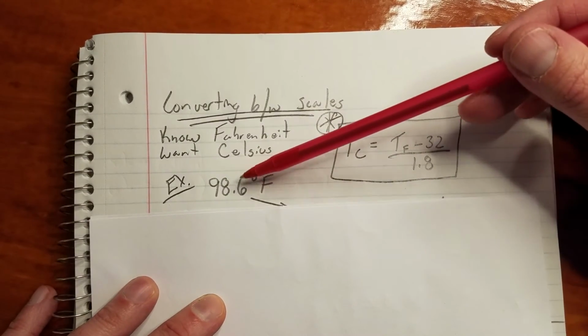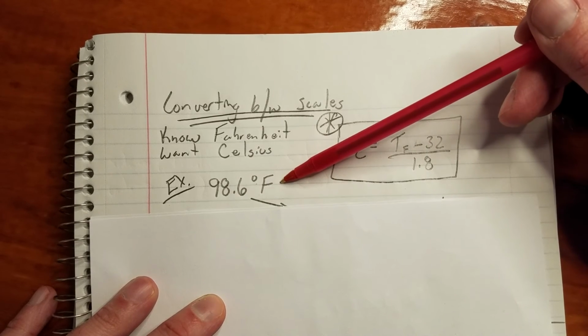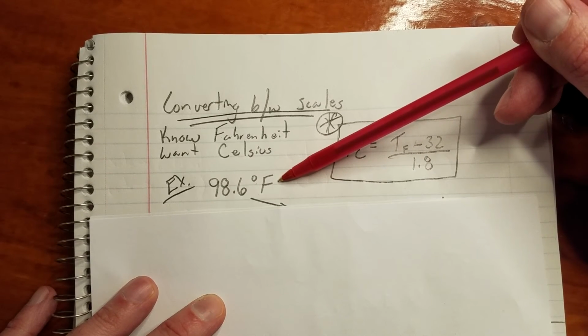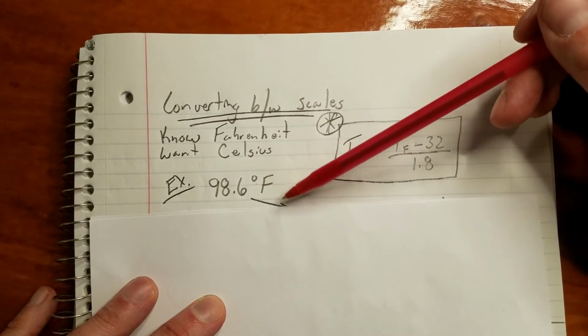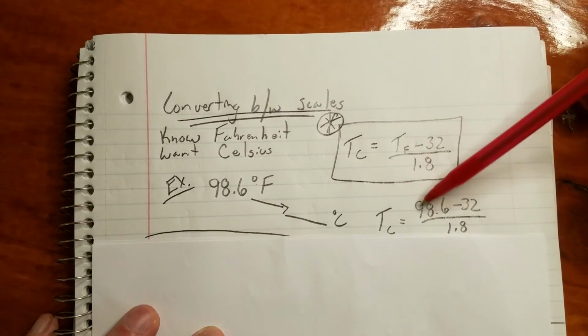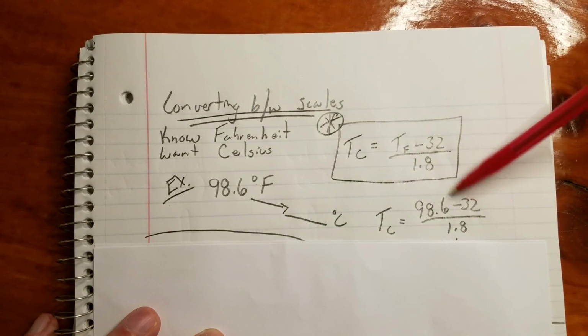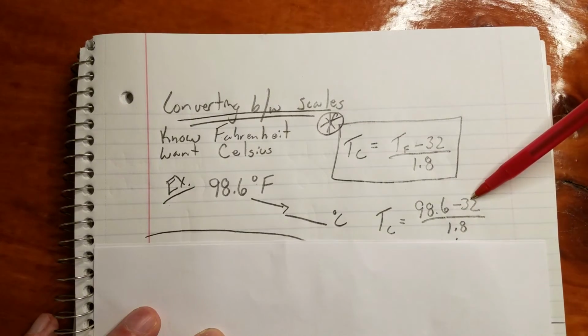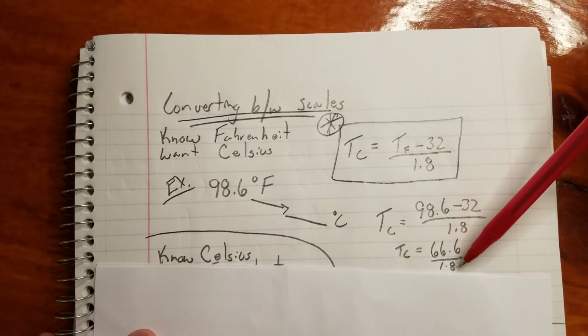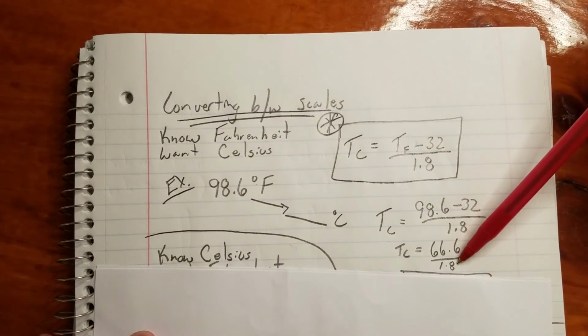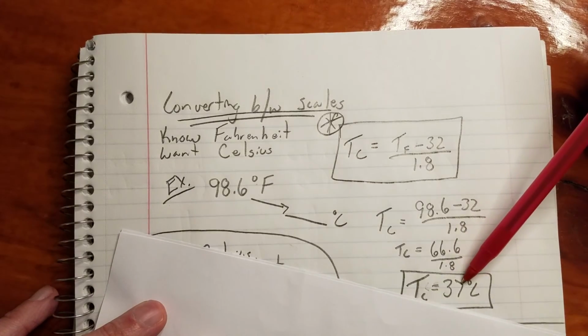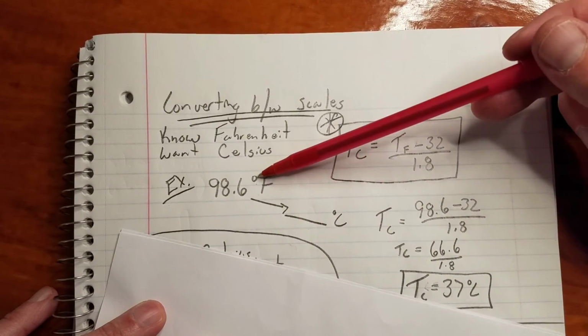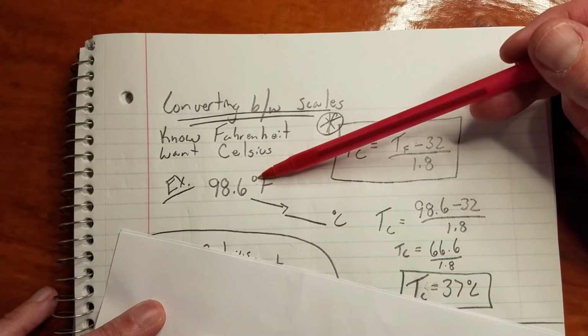If you have a temperature of 98.6, the healthy temperature without coronavirus, and you need to know the Celsius, you plug 98.6 into the formula, you subtract 32, then you divide by 1.8. And there's your answer. 37 degrees Celsius is the normal body temperature.